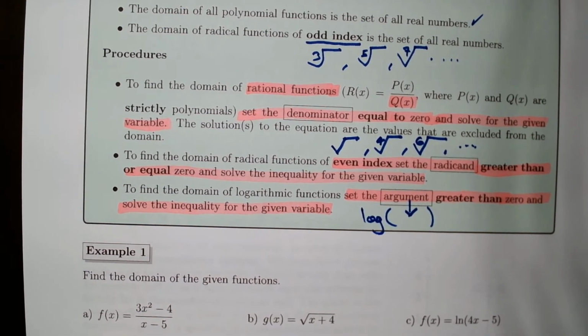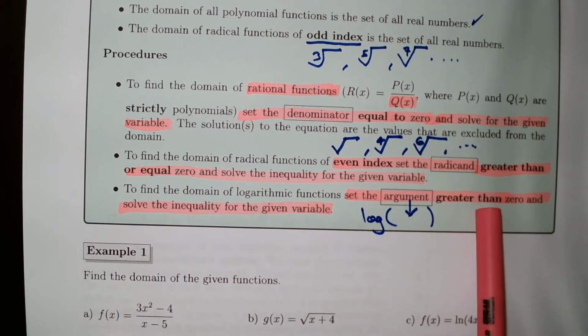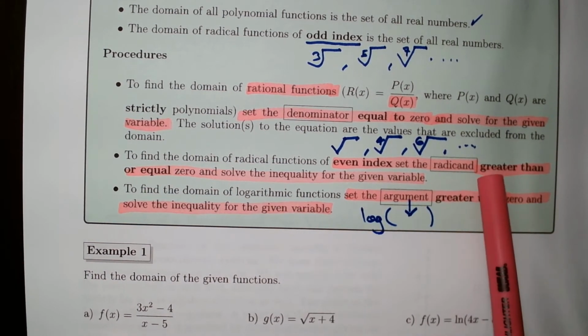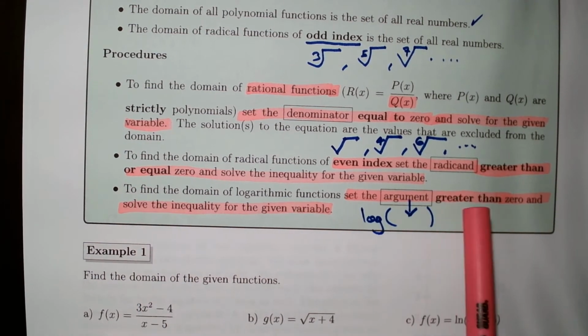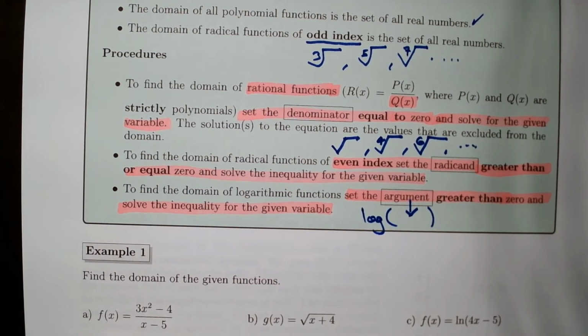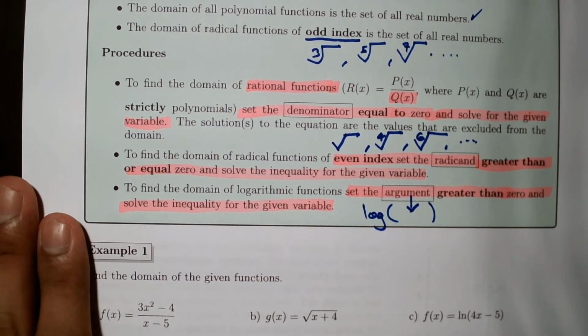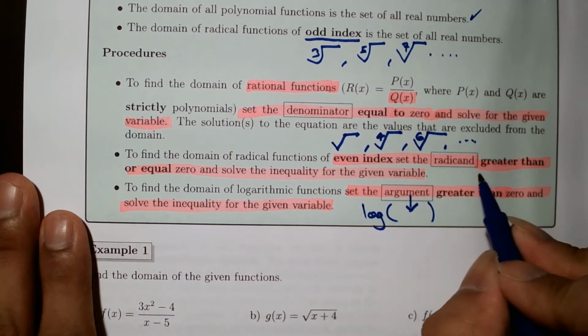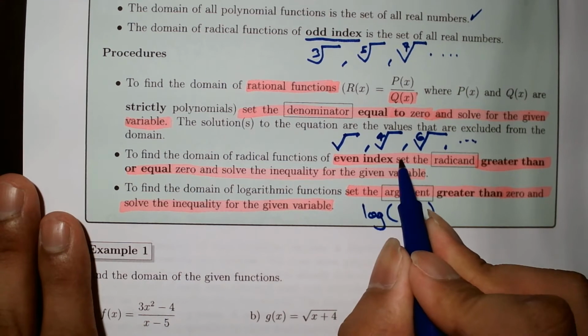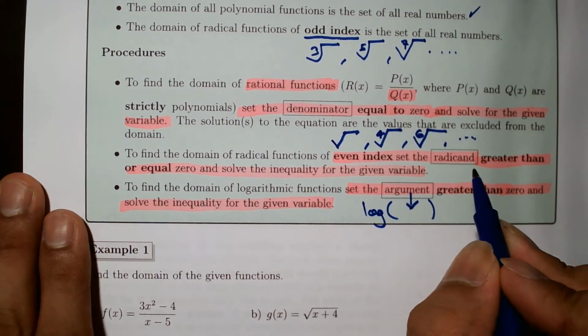What's the difference between the procedure for finding the domain here and the previous one? There we set it greater than or equal to 0, and here greater than 0 only. The reason is that for radicals of even index, we can evaluate them at 0.